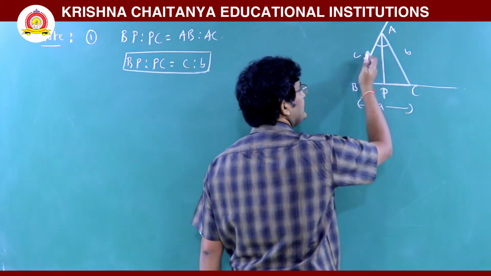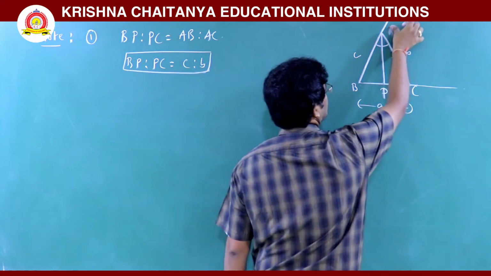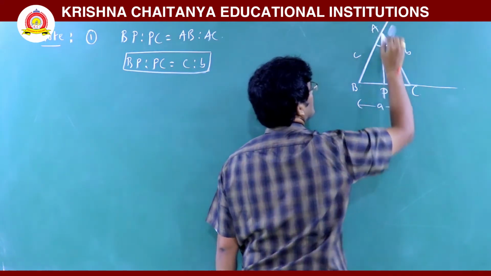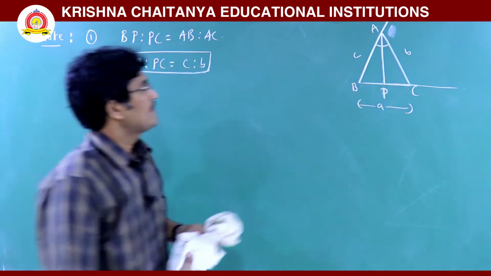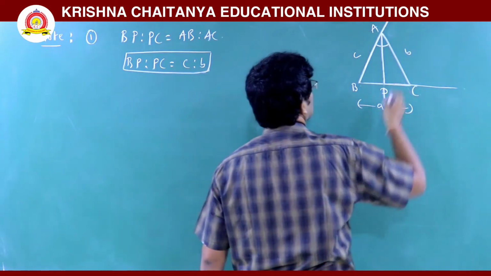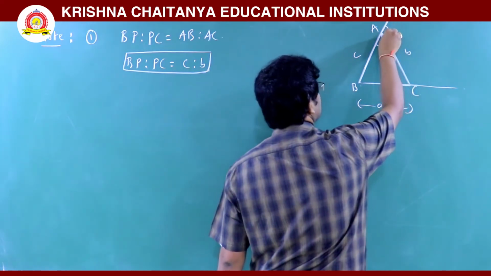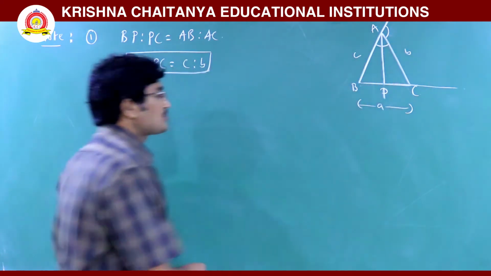This is the angle between these two sides. Now I am taking this external angle. This is internal angle A, which lies between those two sides.